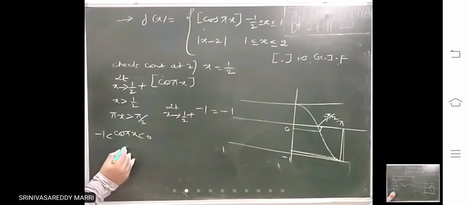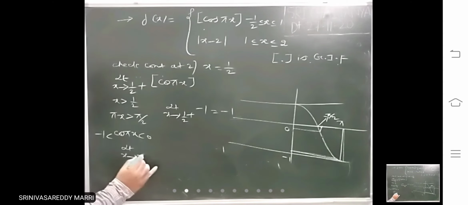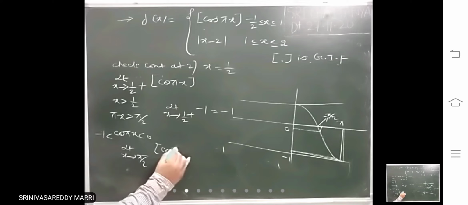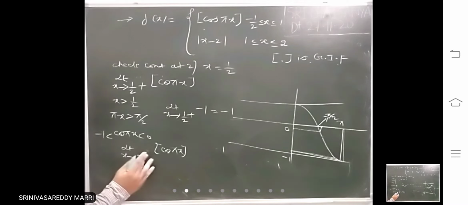Minus 1. Suppose if you calculate pi by 2 minus, now this is x less than pi by 2. So x less than 1 by 2.